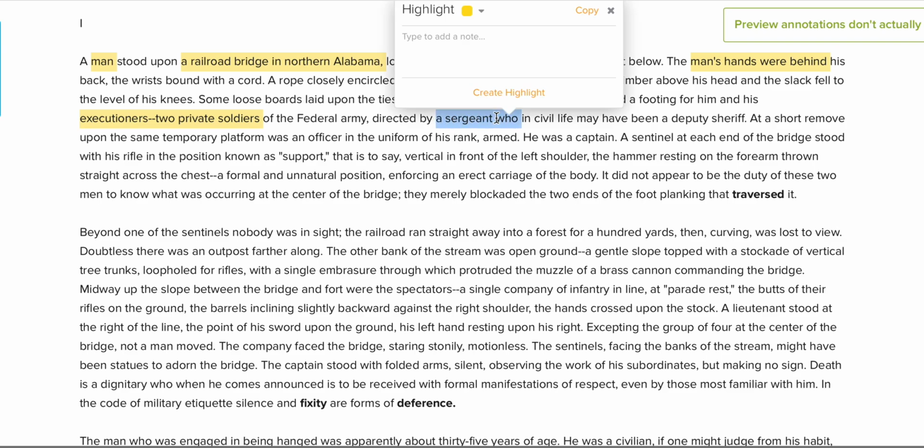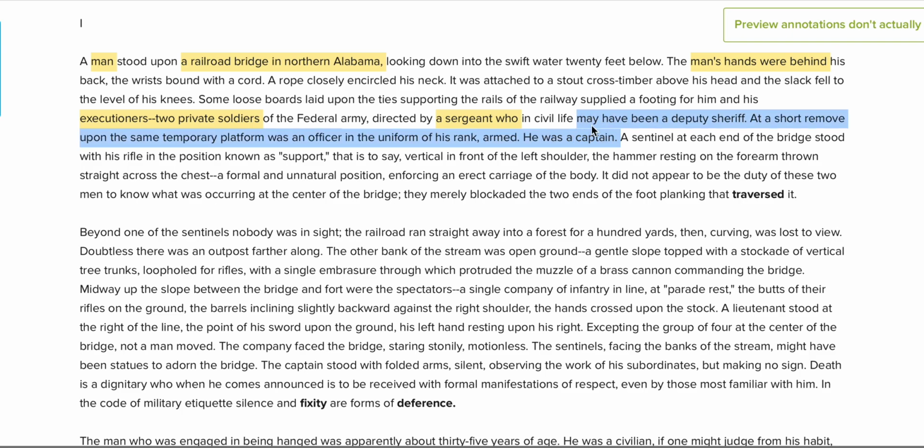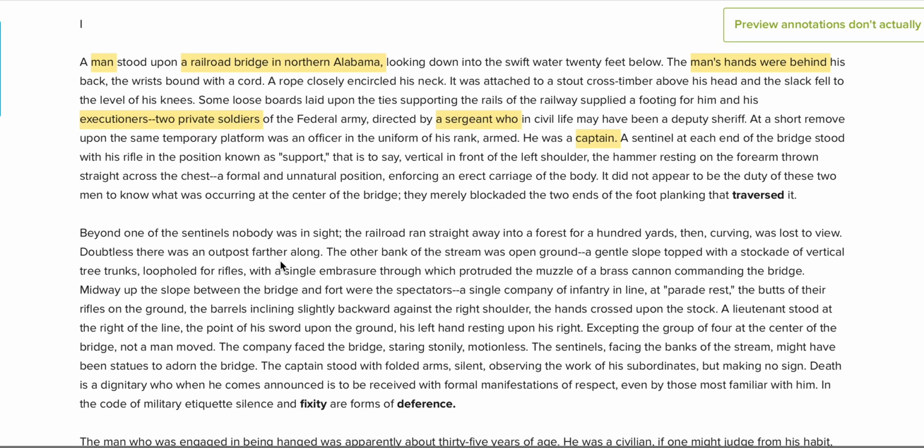We have a sergeant, and another sentence shows that there was a captain, and then we have the whole situation described in those 2 paragraphs.